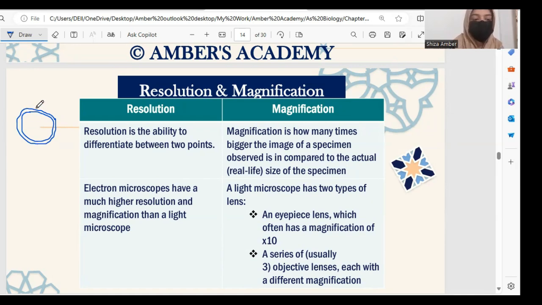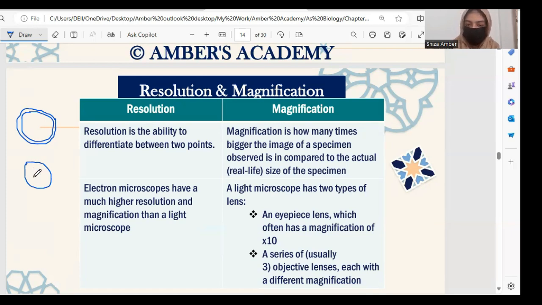Resolution is basically the ability to differentiate between two points, that nucleus has two membranes and not just one membrane. In a light microscope, resolution is not very high. So this is why we are not able to see two membranes of nucleus. Rather, we just see one membrane of nucleus.